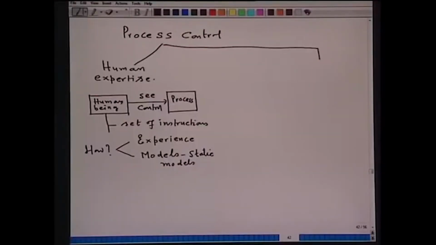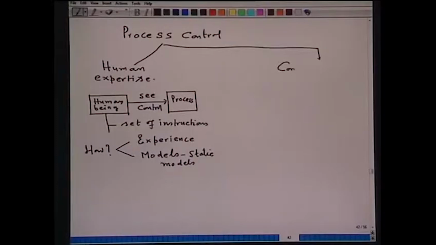Another type of process control that every technologist or engineer or scientist dreams of is computer control. That is the dream of every operator.